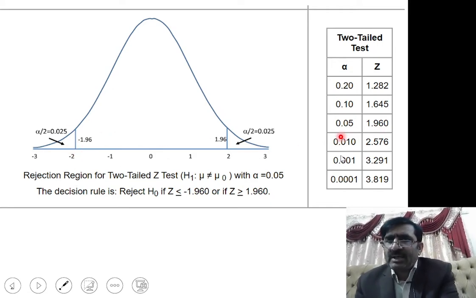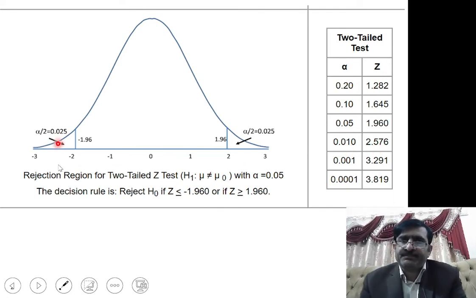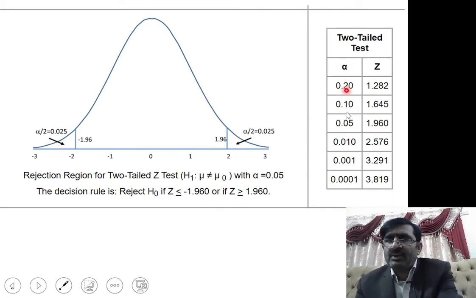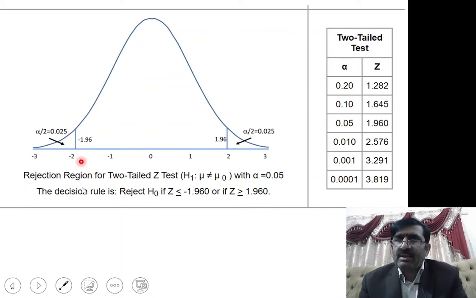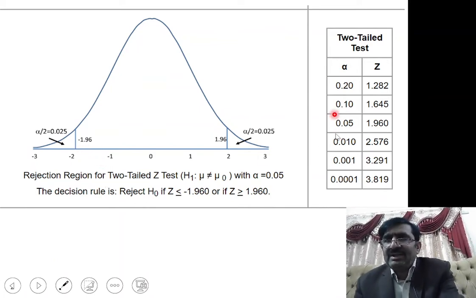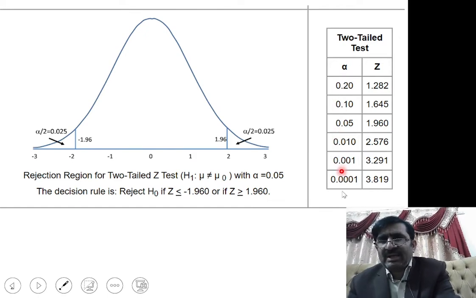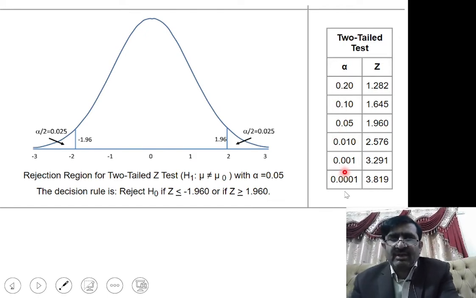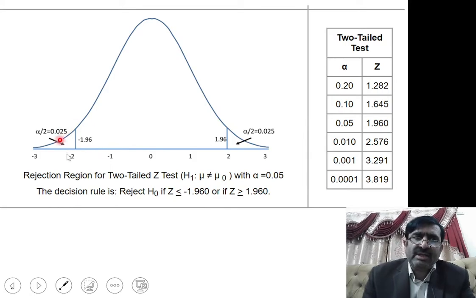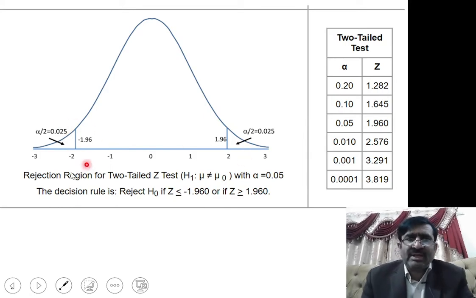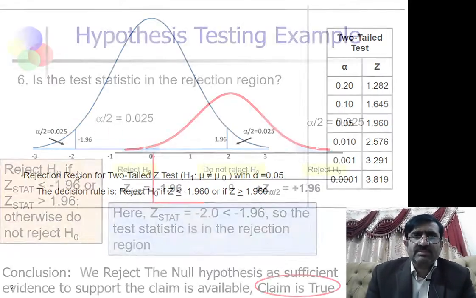If 10% are innocent, or 1% are innocent, the line will come here, and if 20% are innocent, the line will come here. These actually tell us about the non-relationship, the alpha, the critical value. Now here it is minus 1.96 that we have calculated from the table.